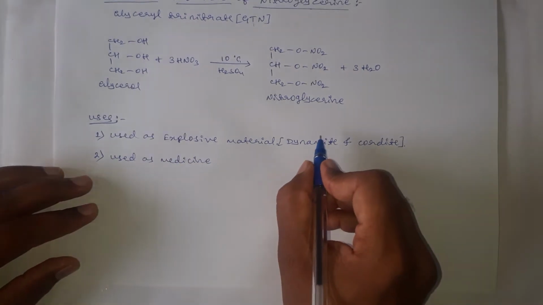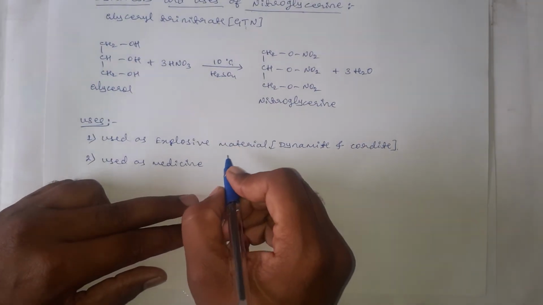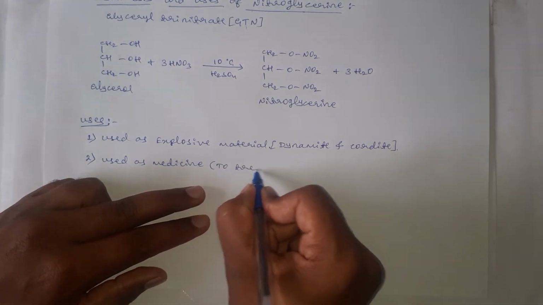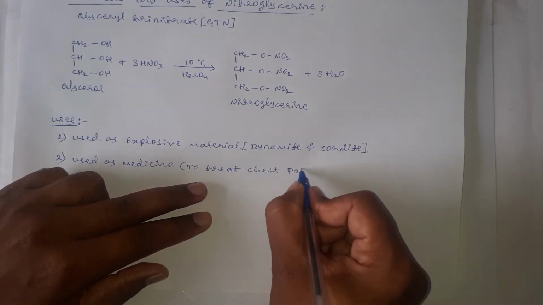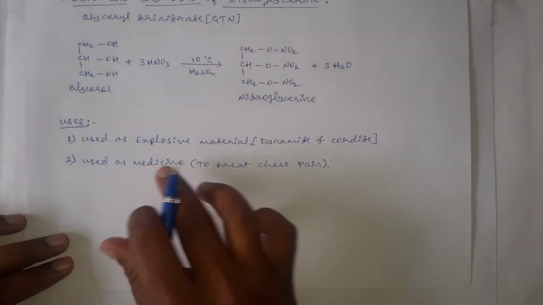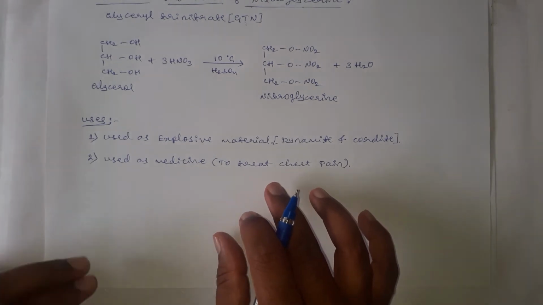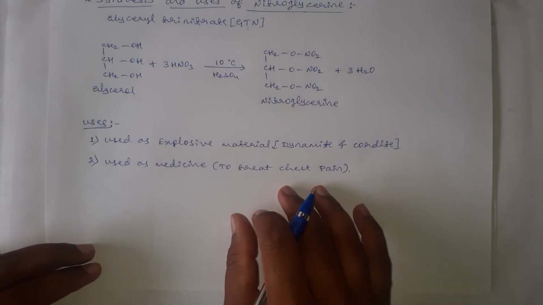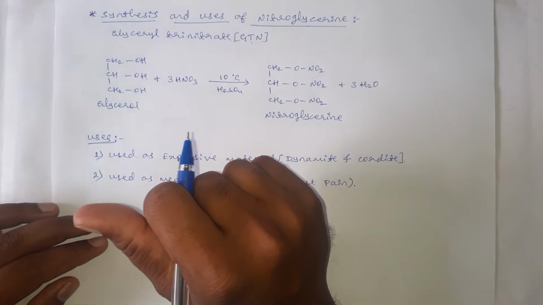In medical use, this nitroglycerin can be used to treat chest pain, and it can be used to control or maintain the flow of oxygen and blood to and from the heart. This is all about the synthesis and the uses of nitroglycerin.